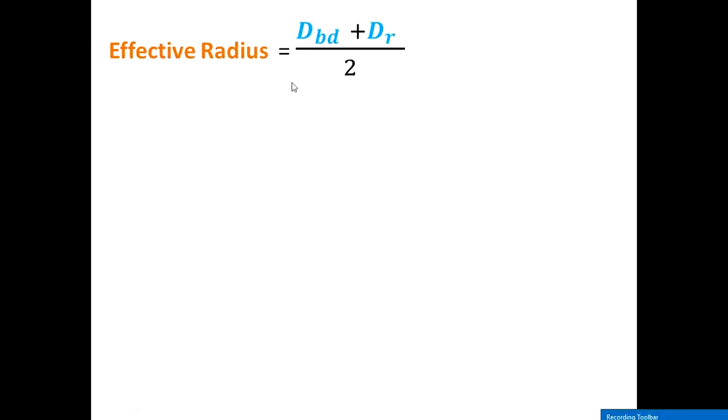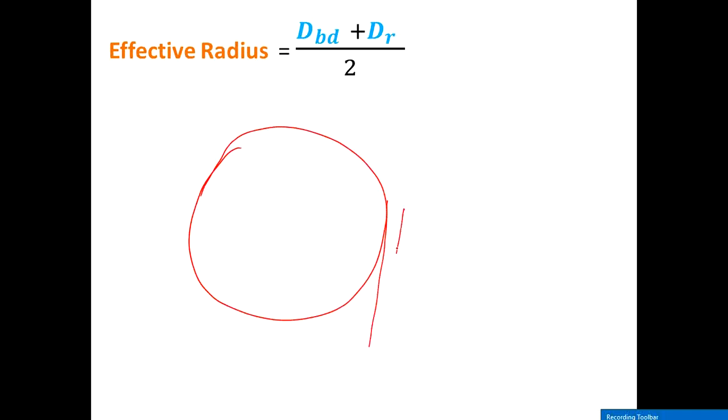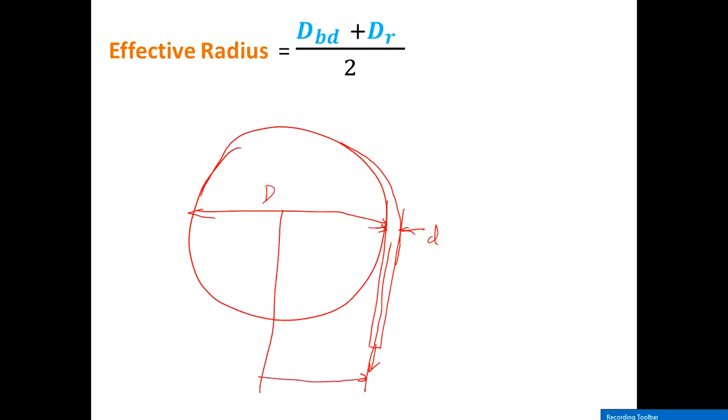Similarly, you have the effective radius. Effective radius means, see here, you have a brake drum like this. You have the rope, and you are calculating the load here. This is the small diameter d, and this is the big diameter D. Up to here is the radius you want to take.